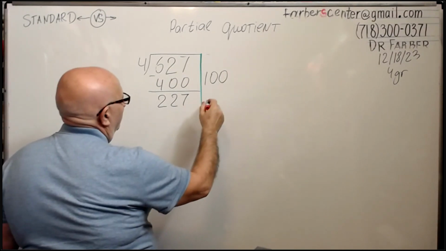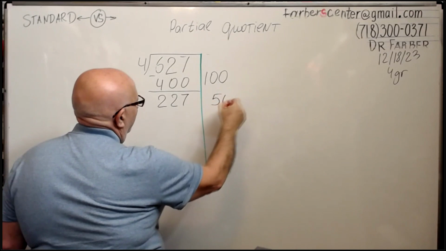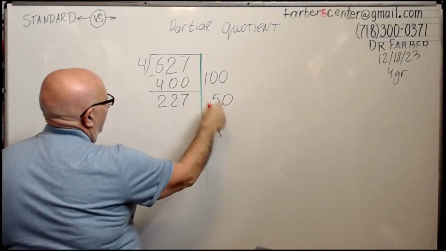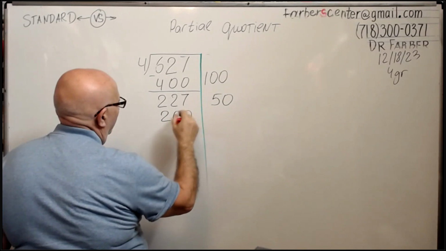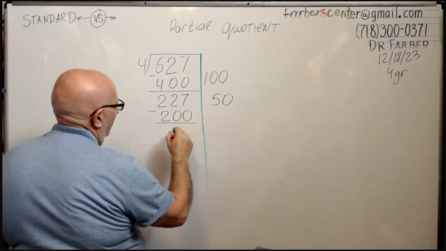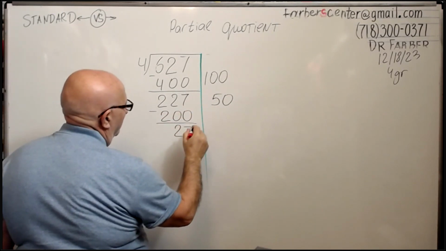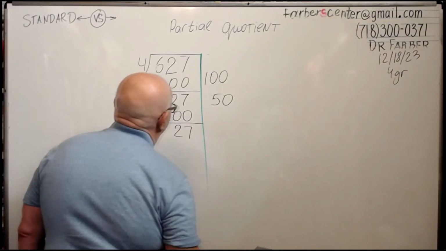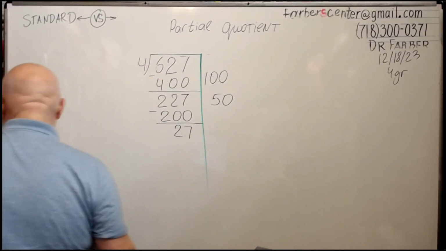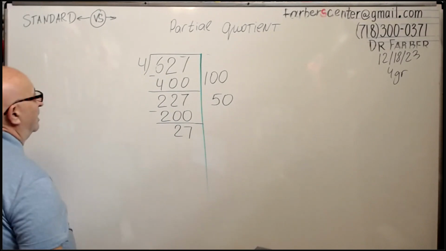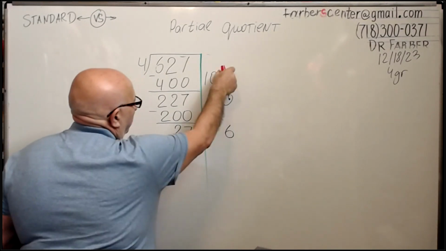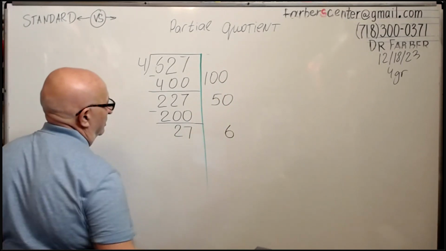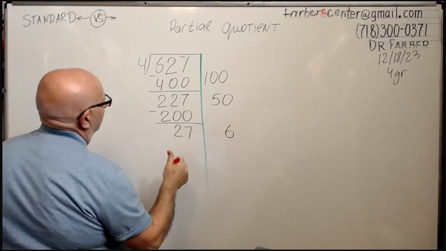So here I would use 50. And 4 times 50 is 200. 27. You can use 6 times 4, 24. All line up, units digits. 6 times 4, 24.